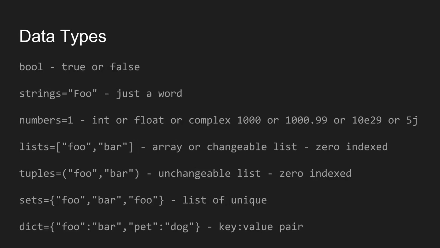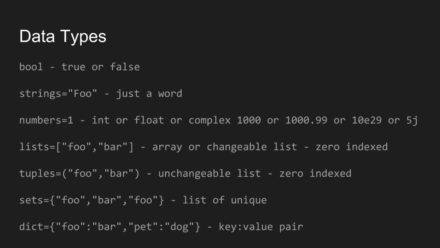So say, for instance, foo, bar, foo: you're going to get foo and bar, that's it. If you do that in a list, you're going to get foo, bar, foo. So that's a good way to get a comparison of items. Say, for instance, IP addresses. You have multiple IP addresses communicating with you at the same time, and you just want a unique set of IPs. You add those to the set.